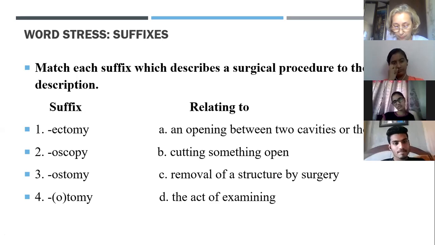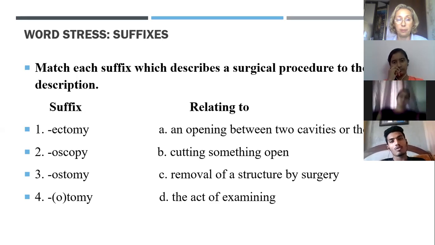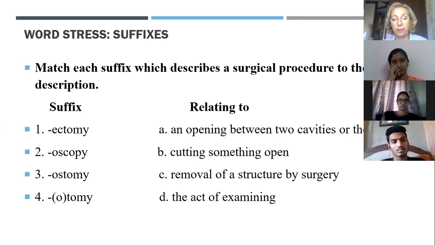The act of examining. Can you think of any examples of medical terms with such a suffix? Oscopy. Endoscopy. Laparoscopy. Okay.